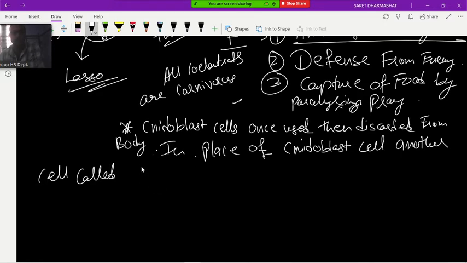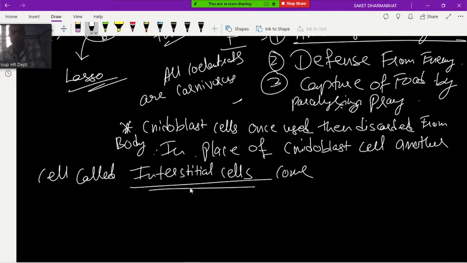Another cell called interstitial cell. Interstitial cells come. What is the use of interstitial cell? It helps in what? Power of regeneration.